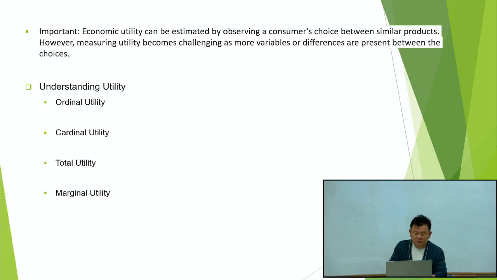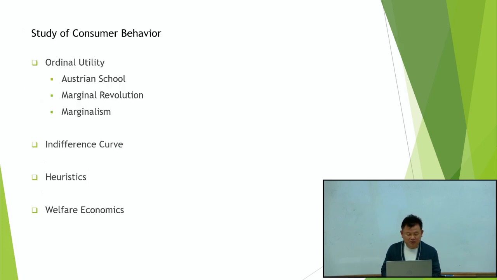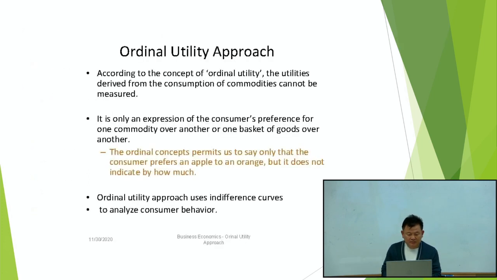At that time, we need the utility concept. So in economics, starting the class, first we have to understand utility. So let me introduce the four kinds of utility. First, the ordinal utility approach.